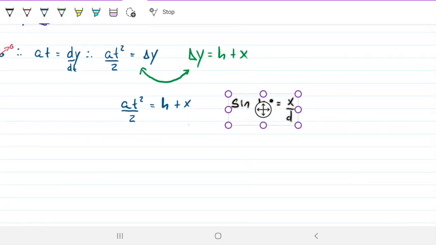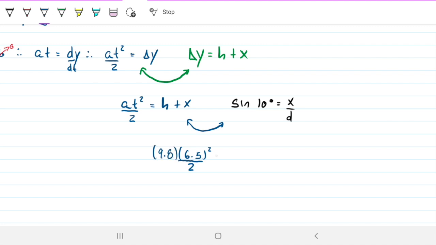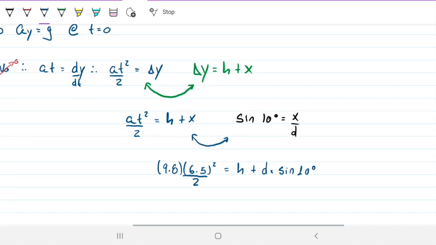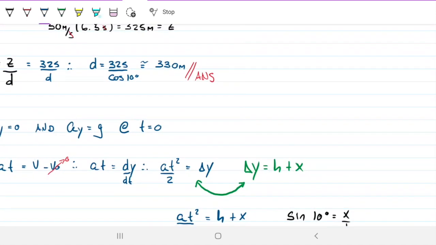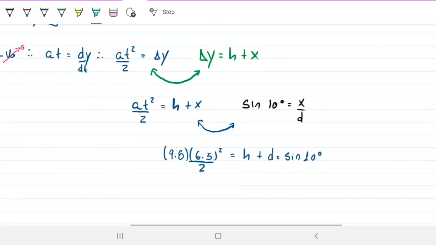Okay, so I'm going to combine these to say that g times 6.5 squared, with g being 9.8, equals h, which is what we're looking for, plus x, and x is just d times the sine of 10 degrees. So note that the only unknown that we have here is h because we defined d, and d was 330.